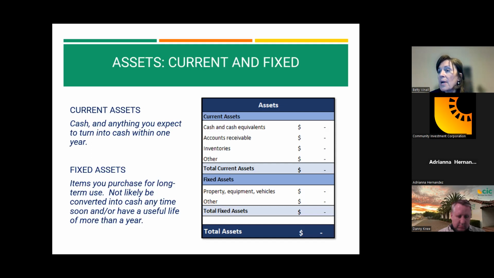So under assets, when you're building your chart of accounts, you would have cash and cash equivalents, your receivables, and your inventory, which is a current asset because you are expecting that you're going to use that and replenish it throughout the year. And then your fixed assets would be property or equipment or vehicles.